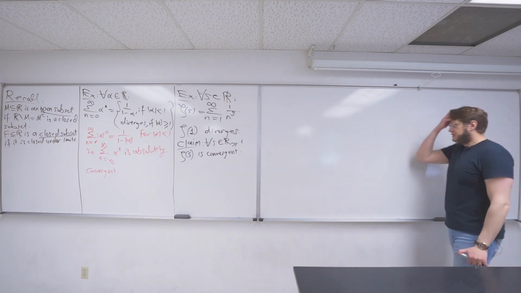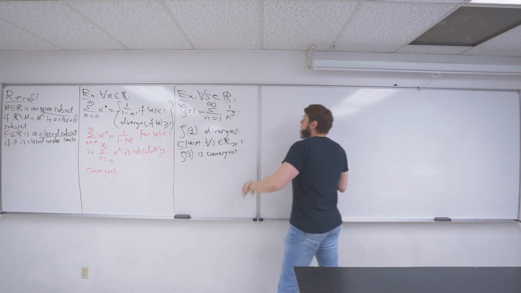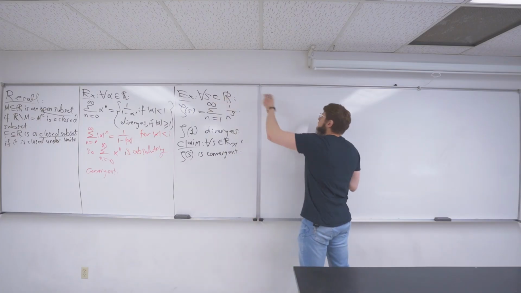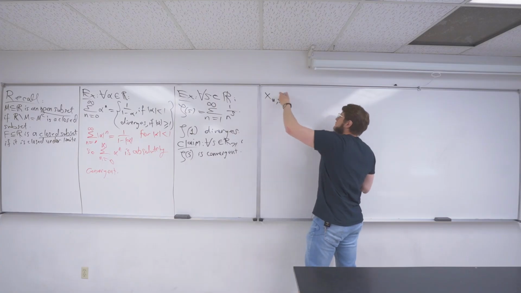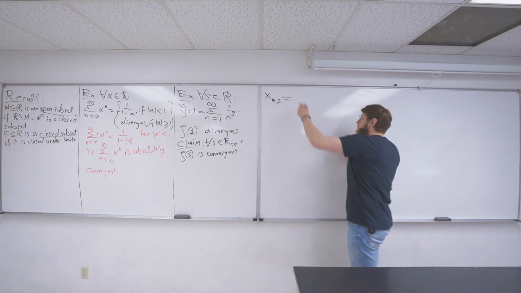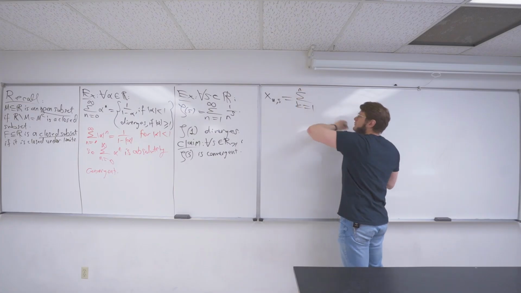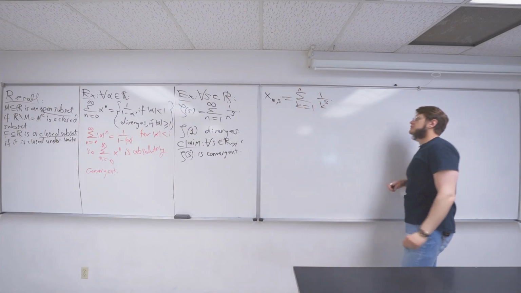Now, let's try to argue. So what do I need to do? I need to first truncate this infinite sum. Say I look at this, x sub n s, say it's this, the sum of 1 over k to the s.